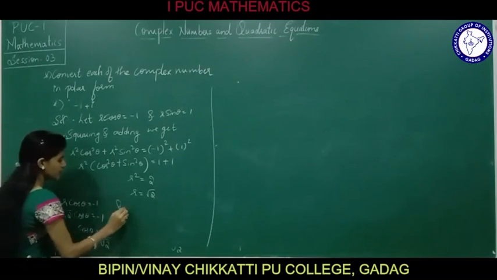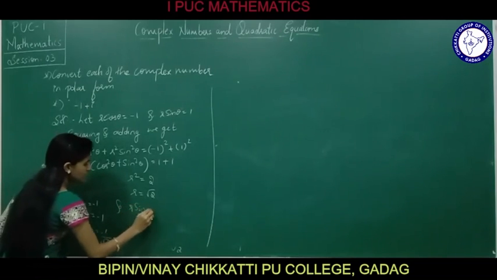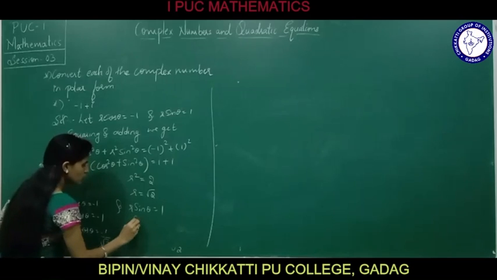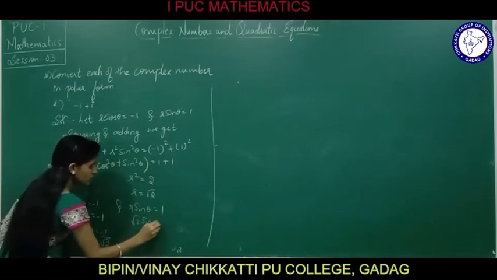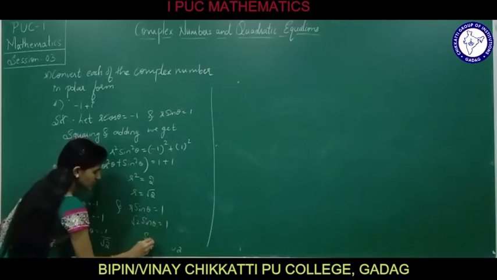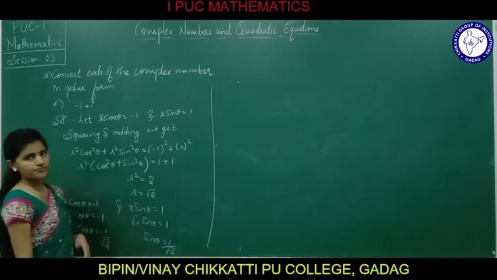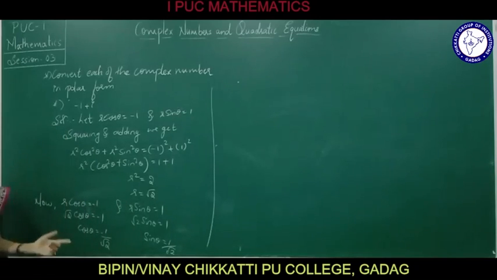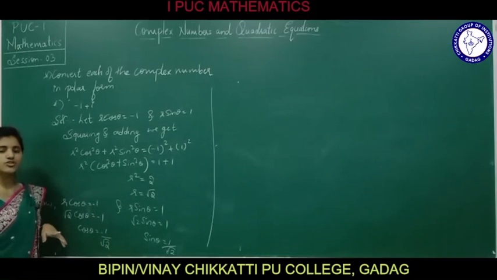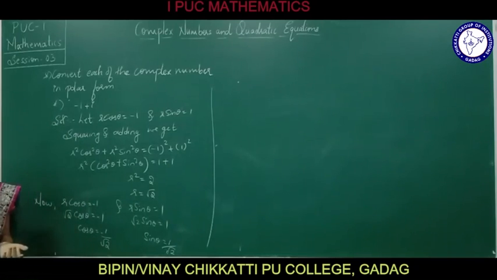And r sin theta, its value is 1, so root 2 sin theta is equal to 1. Sin theta will be equal to 1 divided by root 2. Again, one way, the value of theta is 1 by root 2 when it is equal to pi by 4. Theta is equal to what?